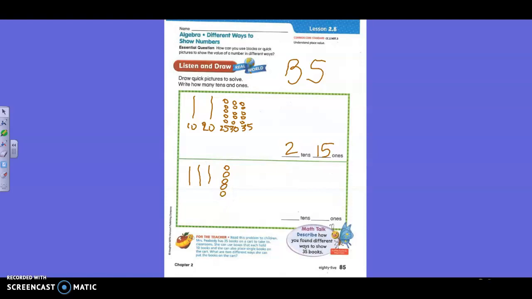Okay. So boys and girls, I was hoping you would have done this a little differently. I was hoping you would have done the 3 tens and the 5 ones first, and then we could have done the 2 tens and the 15 ones second. But 35, usually you think of 3 tens and 5 ones, right? But I could switch this a little bit.